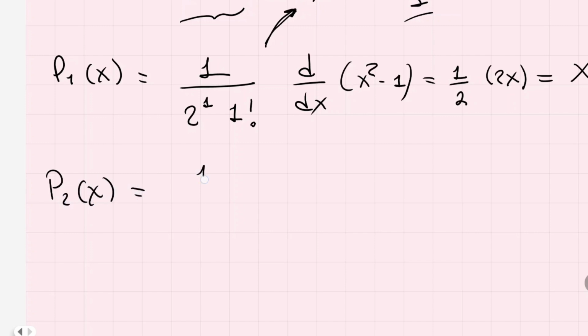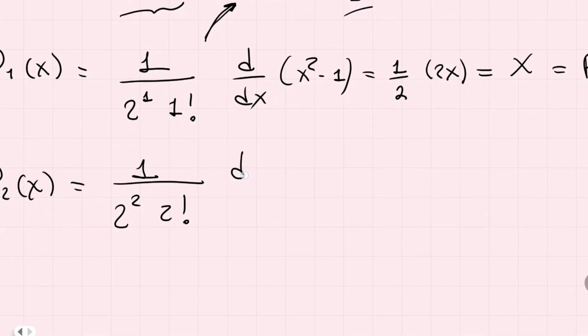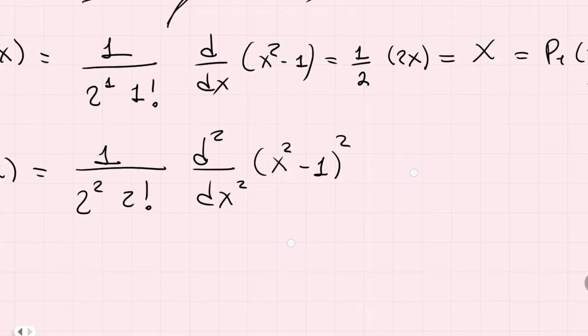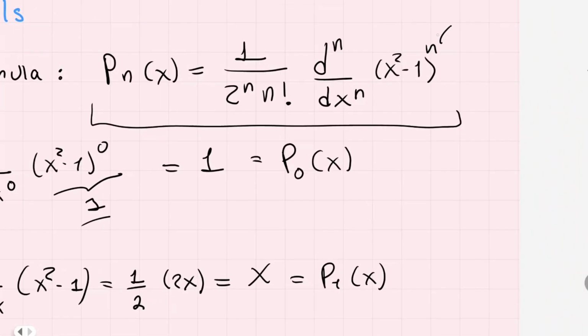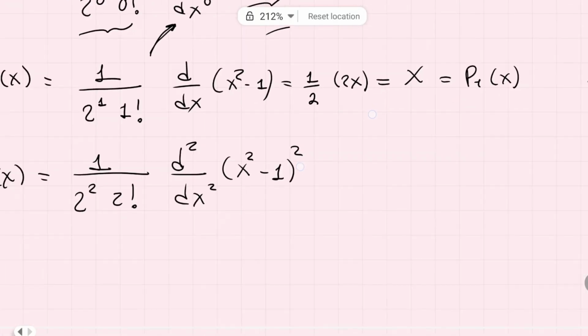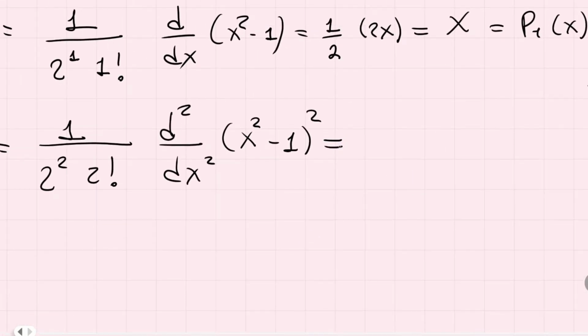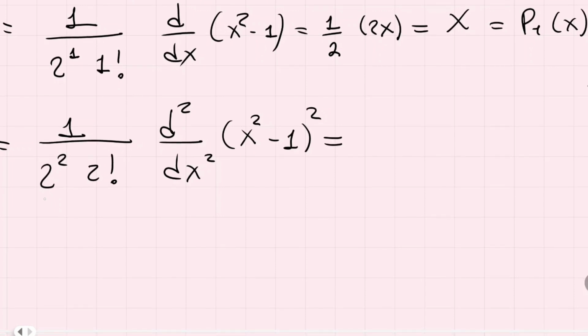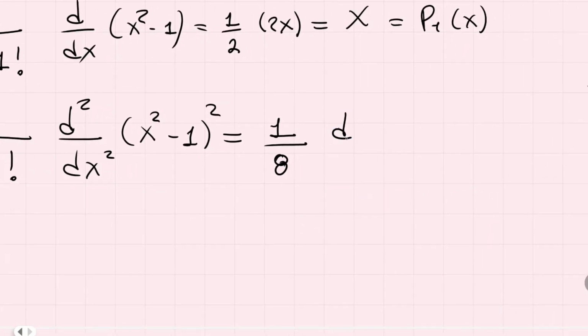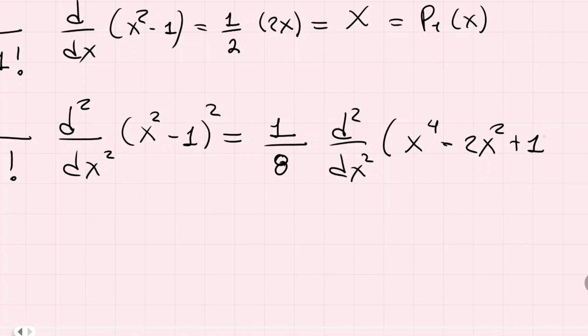This is going to be 1 over 2 to the second power times 2 factorial, and the second derivative with respect to x of (x squared minus 1) to the second power. Remember that this is raised to the n power. So we are going to get that this is 1 over 4 times 2, which is 1 over 8, and then the second derivative with respect to x of x to the fourth minus 2x squared plus 1.